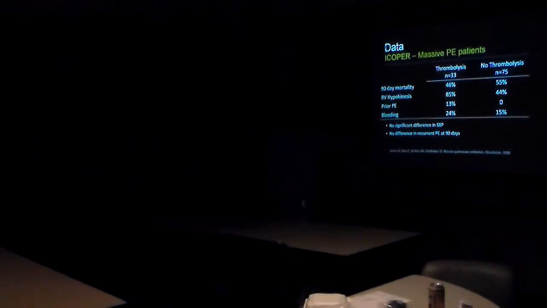There was no significant difference in systolic pressure, and I think it's just a single data point that they got in this registry, not an ongoing time-related thing. And there was no difference in recurrent PE at 90 days. I mentioned that because one of the reasons for recommending thrombolysis in these patients is that they may have a lower risk of recurrent PE down the line, in some of the older studies.